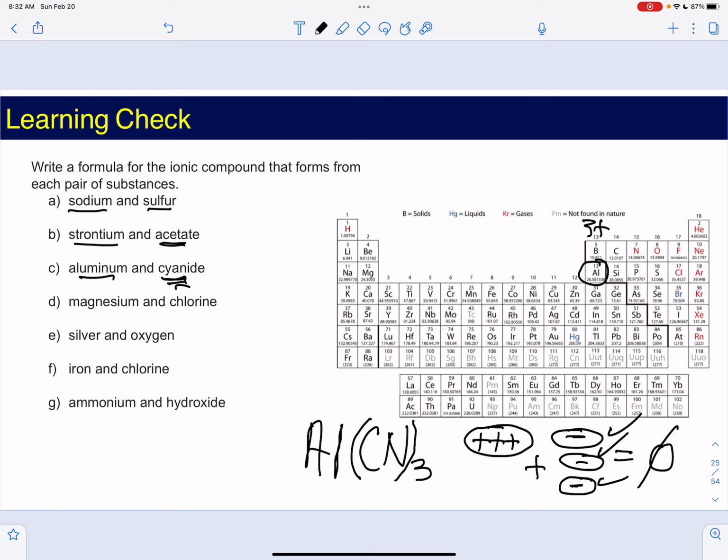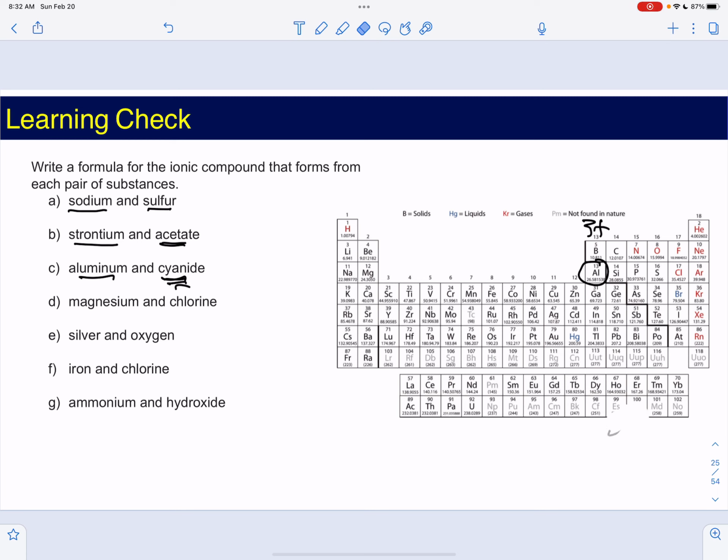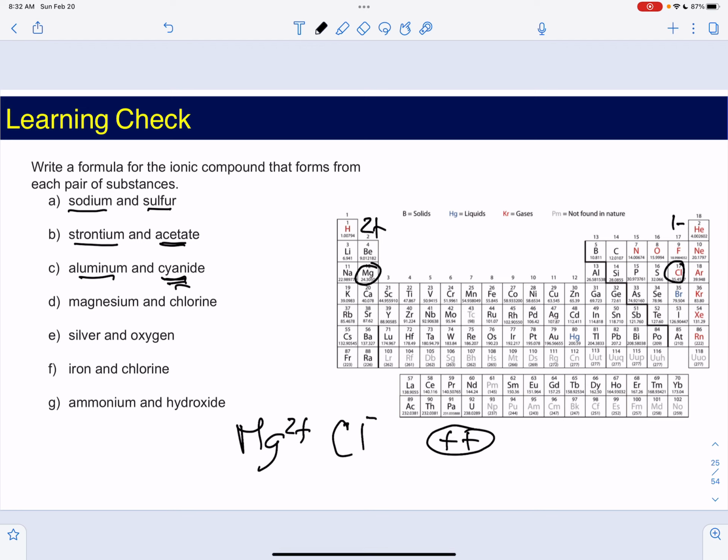Let's do magnesium and chlorine. Magnesium is here. So this is my 2 plus. So magnesium is going to be 2 plus. And chlorine is there. This is my 1 minus. Magnesium is going to be a package of 2. Chlorine is a package of 1.